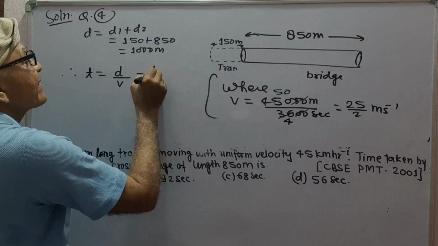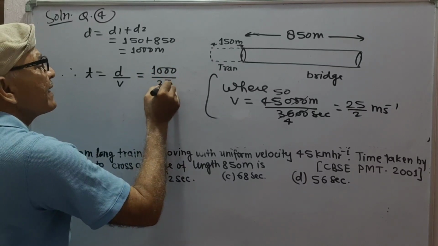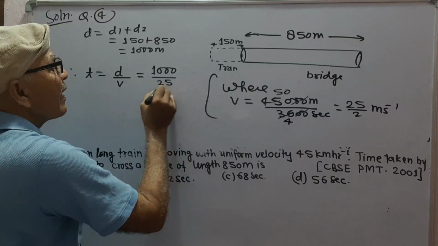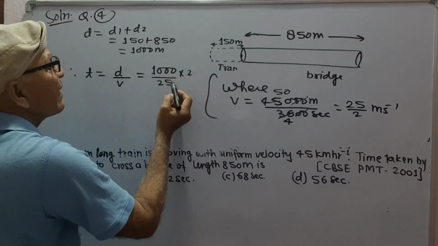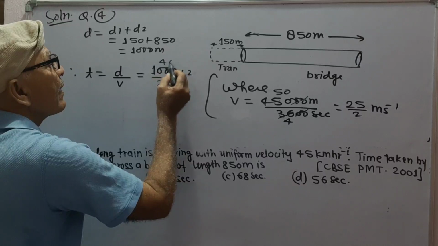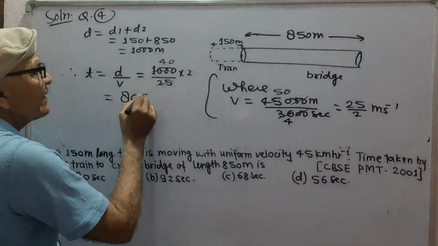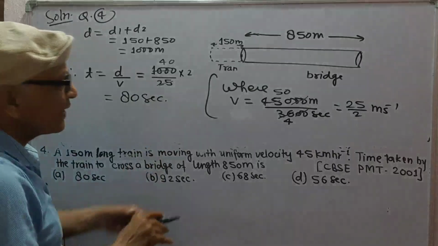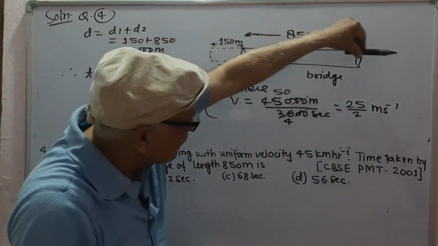So d is 1000 meter and this is 25 upon 2. So the time taken will be 80 seconds. In this time, this train will cross the bridge, reaching here.